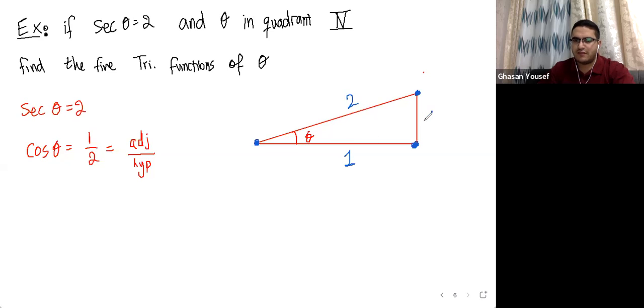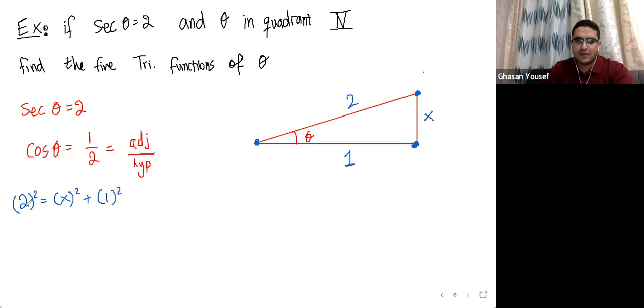Now I have to find the value of x. How can I find the value of x? By using the Pythagorean theorem. The Pythagorean theorem says the hypotenuse squared equals 1 squared plus x squared. So 2 squared equals x squared plus 1 squared.